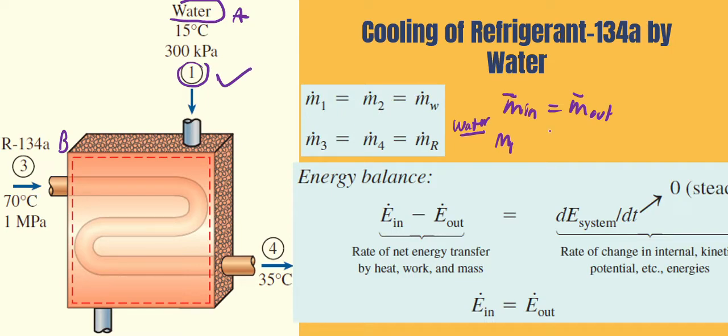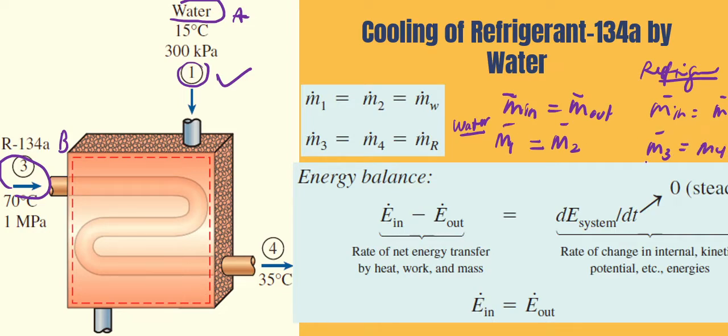So this is your M1, and your out is M2. For refrigerant, what is M in and what is M out? M in is M3, equal to M4. M3 is at the inlet and M4 is the outlet, right?